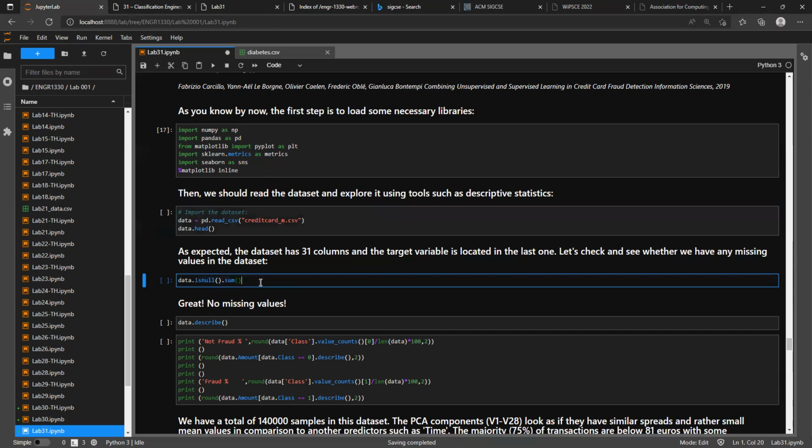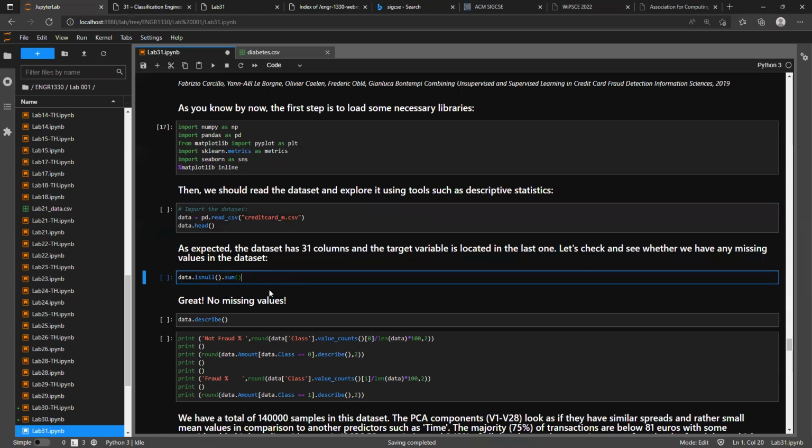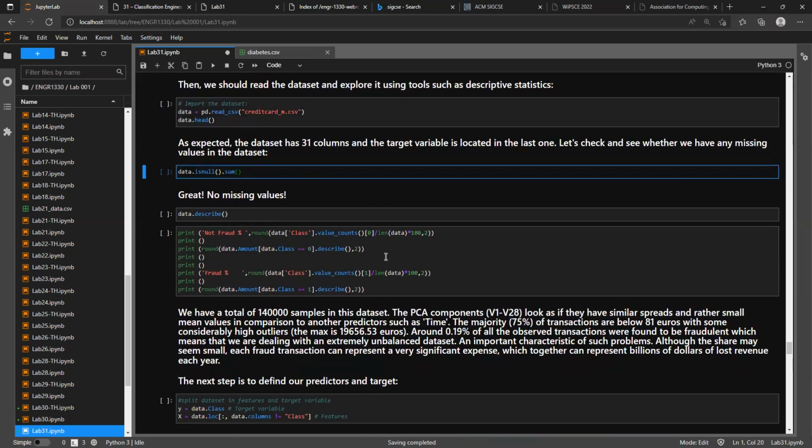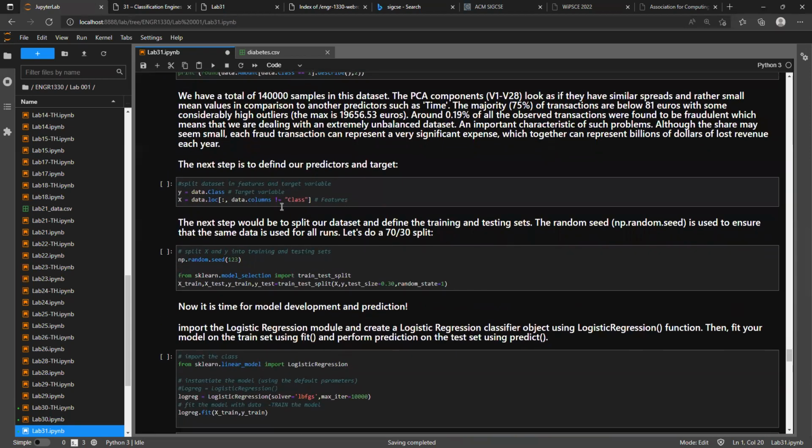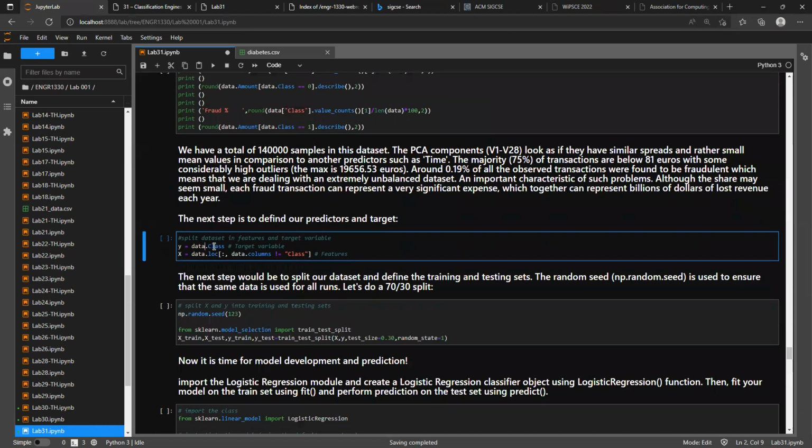We're going to check to see if there's any nulls. And if there are, we just don't want them there. And what we're going to do is make our classes the target variable and then everything else.